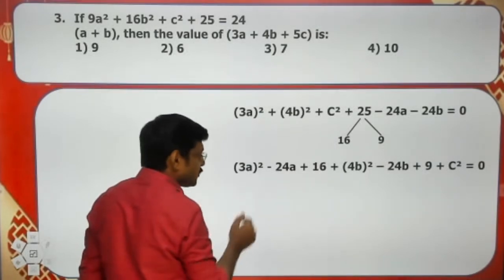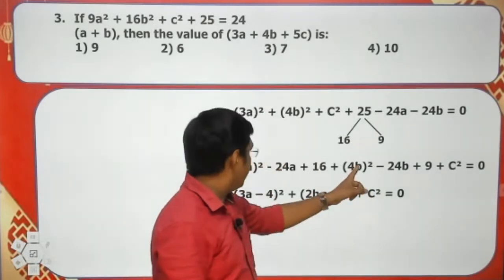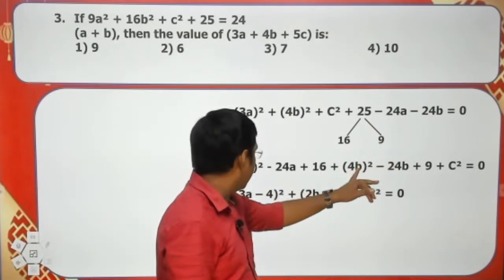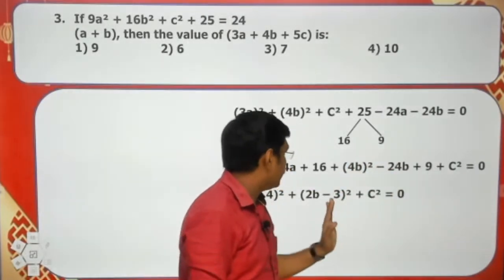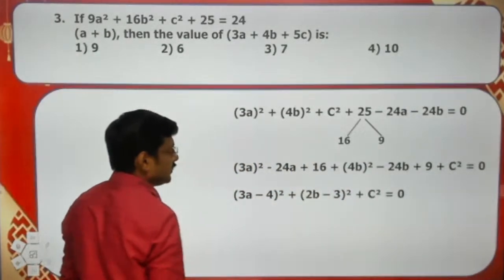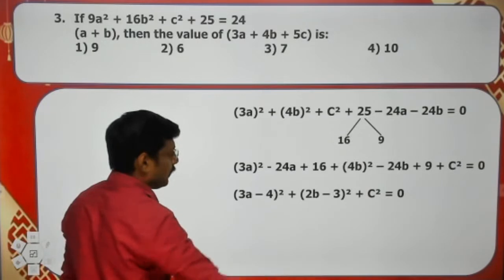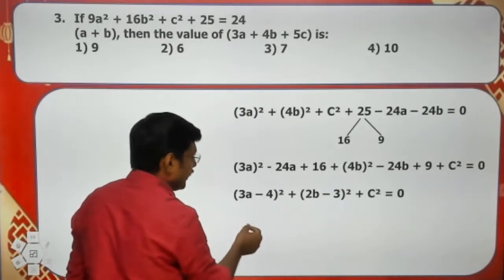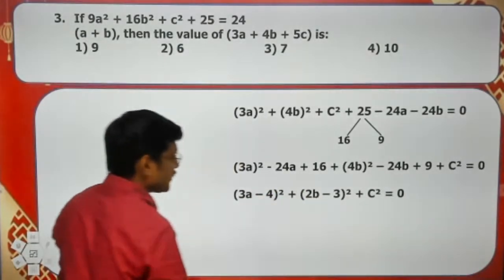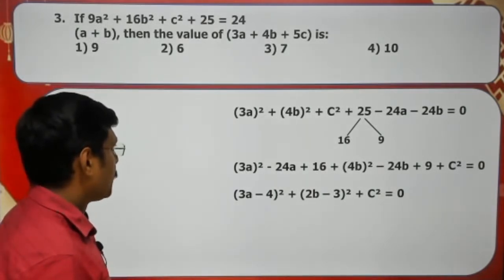This one is (3a minus 4) the whole square, and this one is, listen carefully, (4b minus 3) the whole square, right? So I am arranging this. On arranging, on solving this one, you will get (3a minus 4) the whole square plus (4b minus 3) the whole square plus c square is equal to 0. Correct?